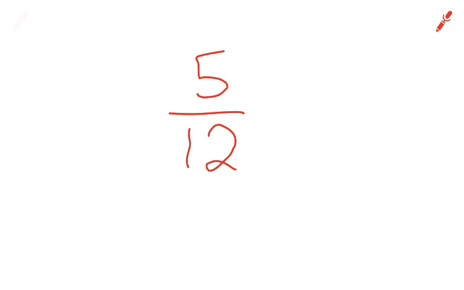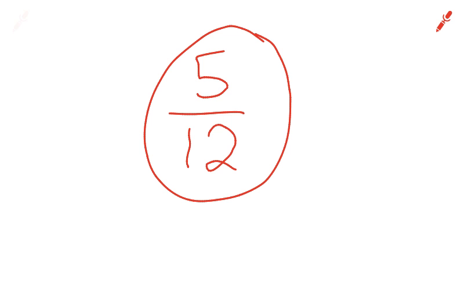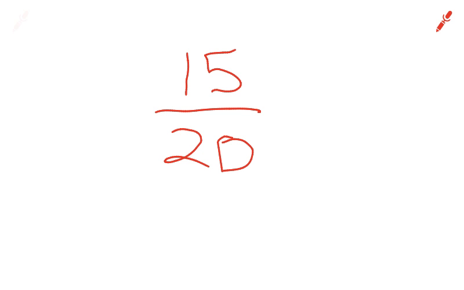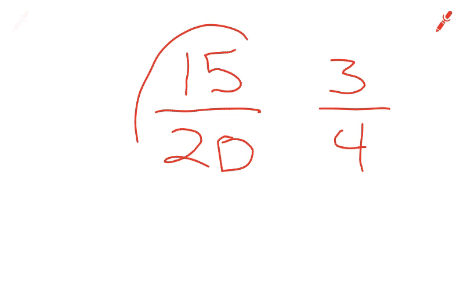You know what? We're going to circle this because there's nothing that goes into both that is already in its lowest terms. 15 and 20. 5 goes into both. 5 goes into 15 3 times. 5 goes into 20 4 times. You don't need to write that, but we need to just know that this needs to get circled because it can be reduced.